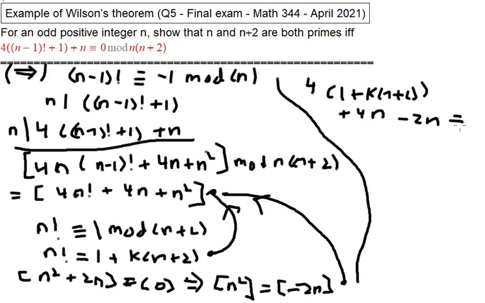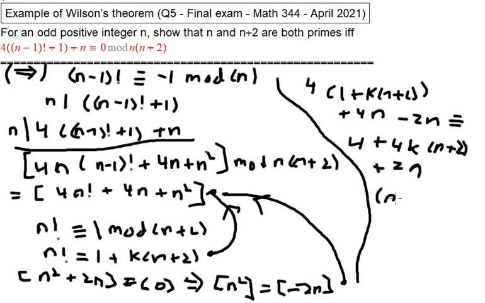So that becomes equivalent to 4 plus 4k times n plus 2, sorry, plus 2n, so plus 2n. Now factor out the n plus 2.